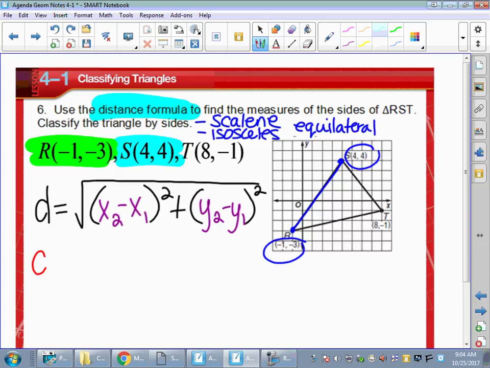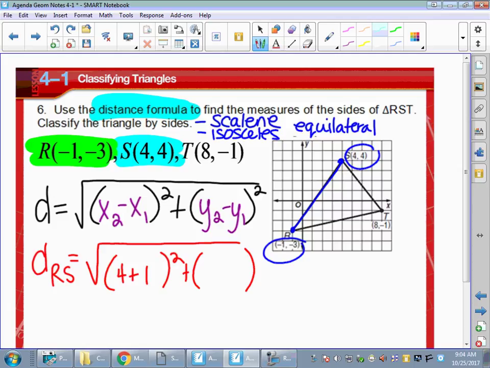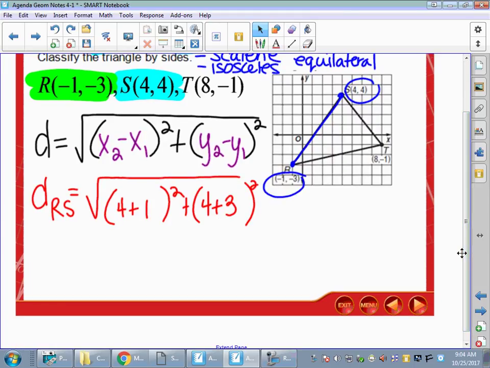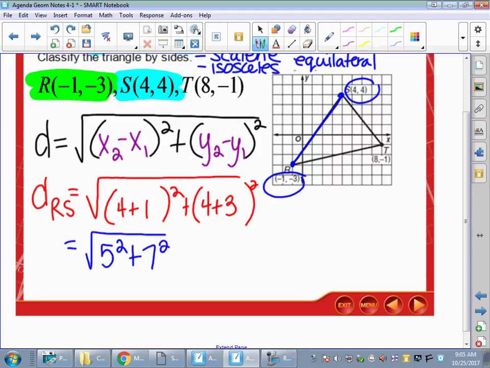So if I'm going to find the distance of RS, I'm going to subtract the x's. So 4 minus negative 1, subtract the y's, 4 minus negative 3. And you might skip some steps. I know maybe I'm doing too much work for you, but I got a 4 plus 1, so 5 squared, 7 squared. So that's going to be 25 plus 49.